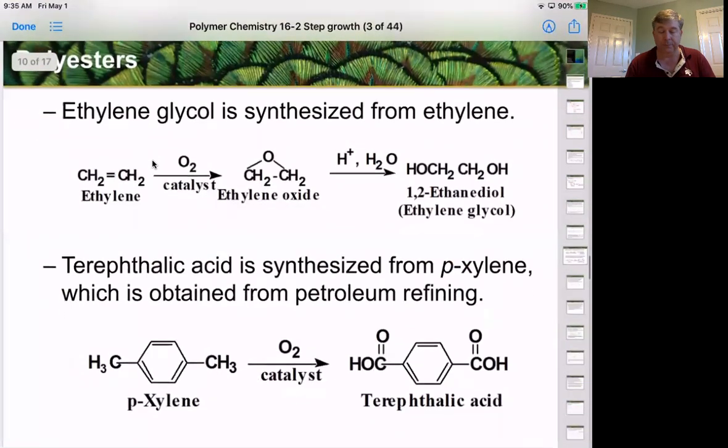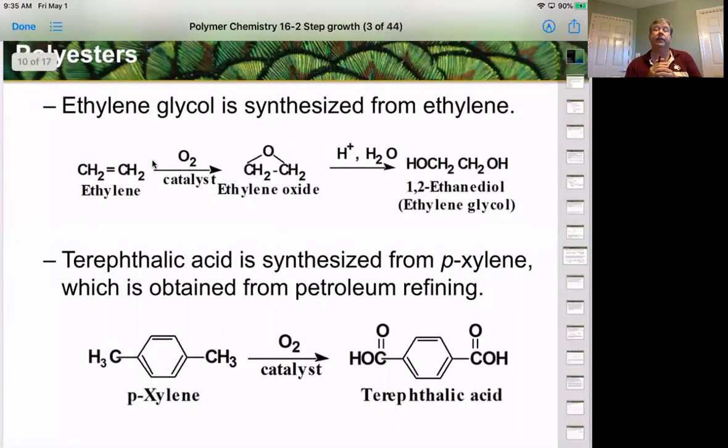Okay. So how do we make these industrially? Well, we start with petrochemical derivatives, of course. We start with ethylene gas, and we oxidize that with oxygen to give us ethylene oxide, and then we react that with water to give us our 1,2-ethane diol, which is also known by its common name as ethylene glycol.